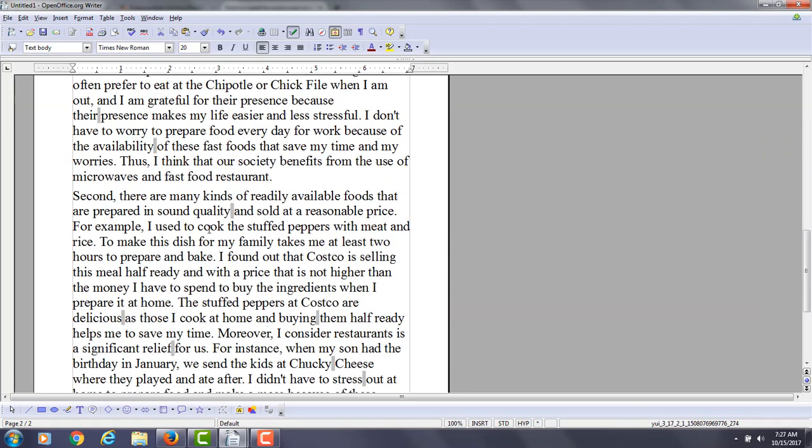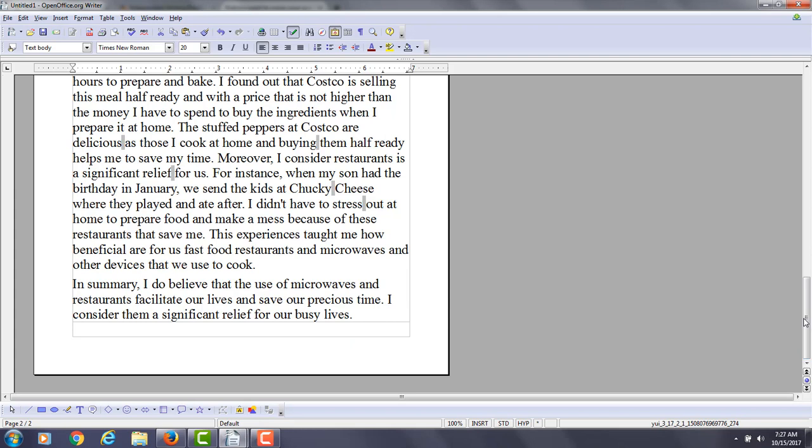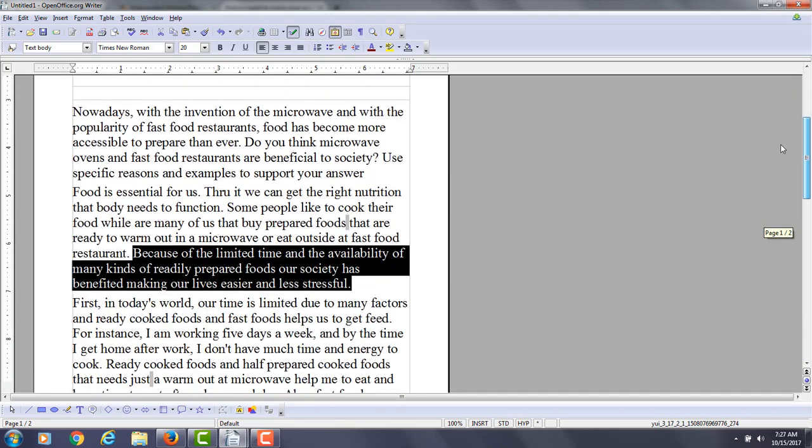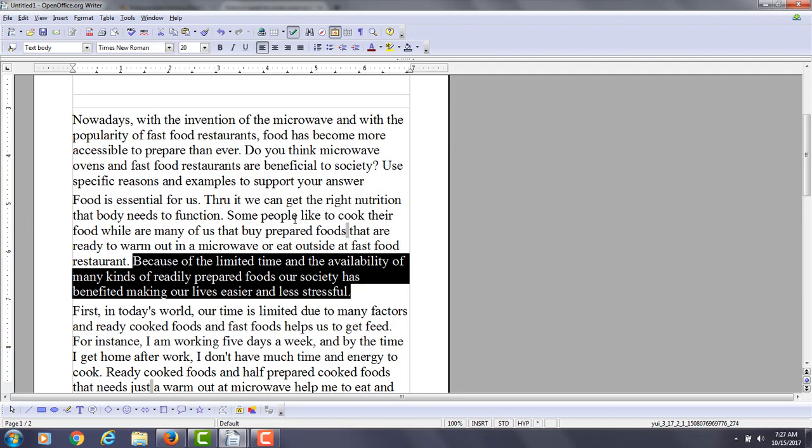I think this paragraph here needs to be placed first, and then the first paragraph should be placed second. And then in the conclusion, you say it facilitates our lives and saves our precious time. But facilitating our lives, yes, that ties back to your first point.